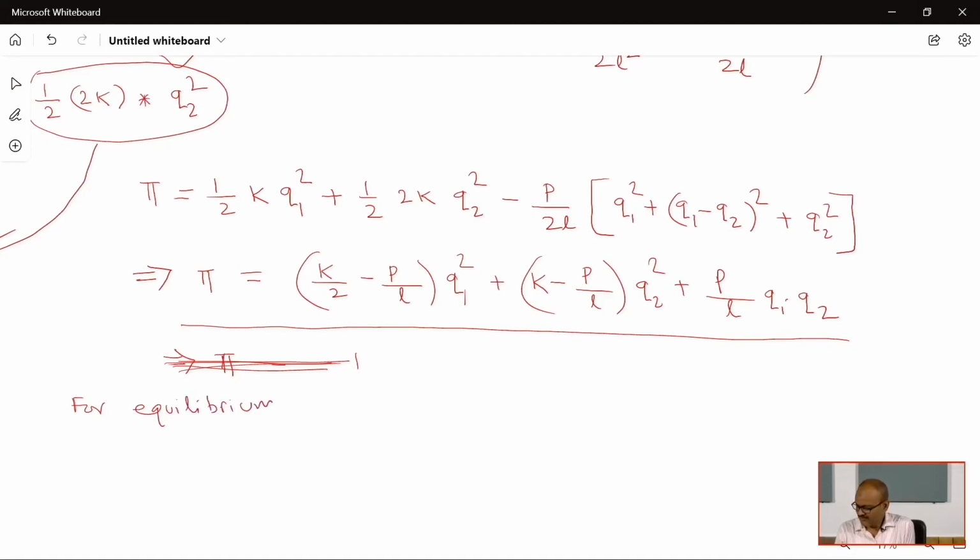For equilibrium, the first variation of the total potential energy is equal to 0.